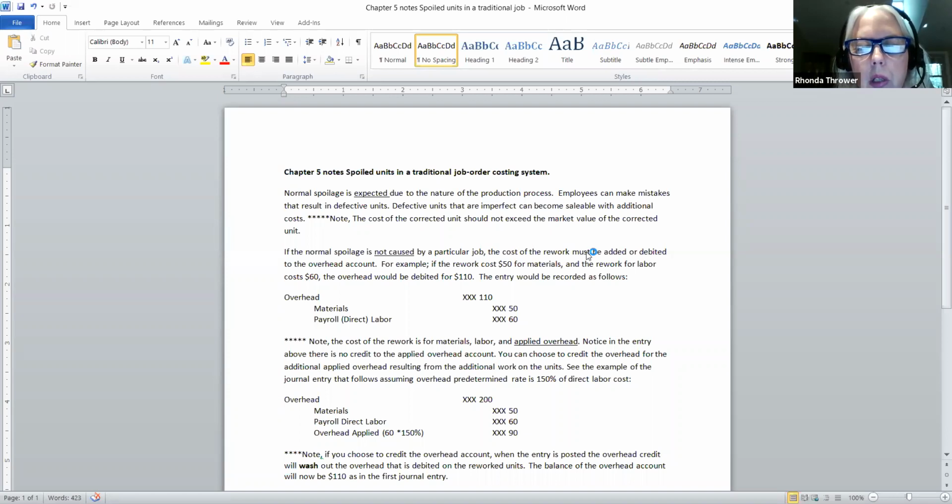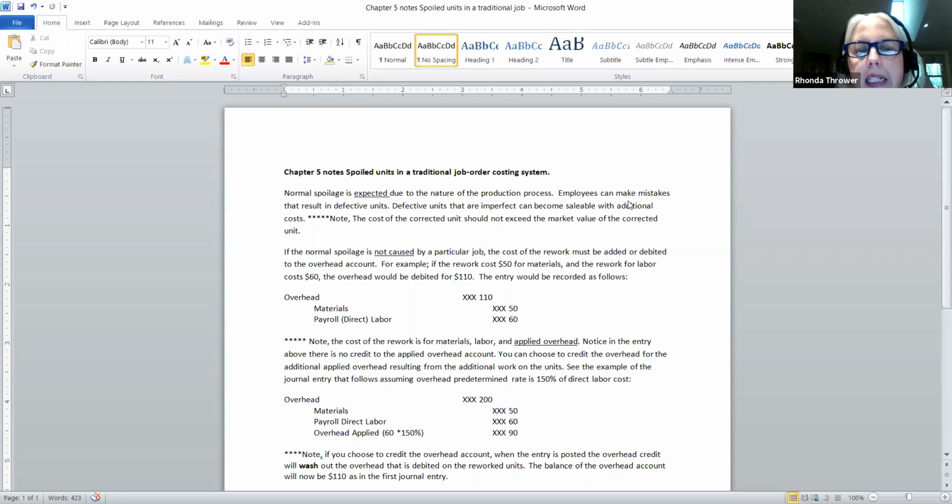So first of all, what we need to talk about when we're dealing with spoiled units, and we're basically talking about a job order costing system, a traditional type of job order cost accounting system, is what we've been talking about all throughout this chapter. So we can expect sometimes, due to the nature of the production process, that some units might become spoiled.